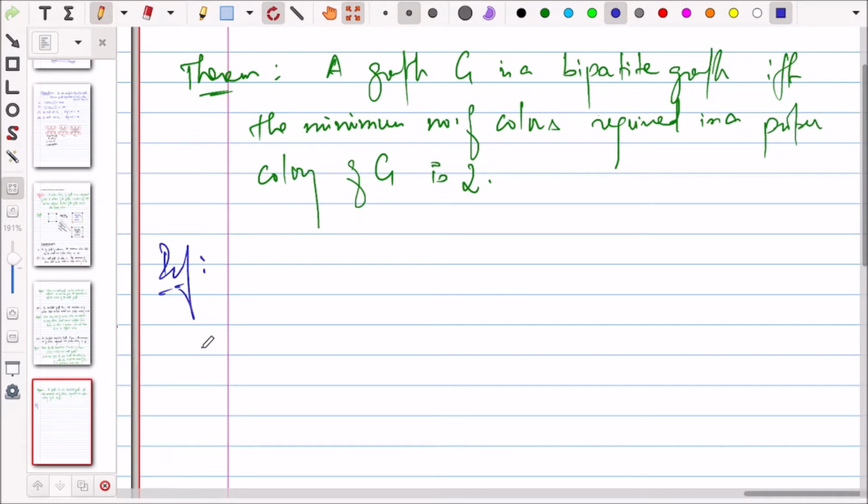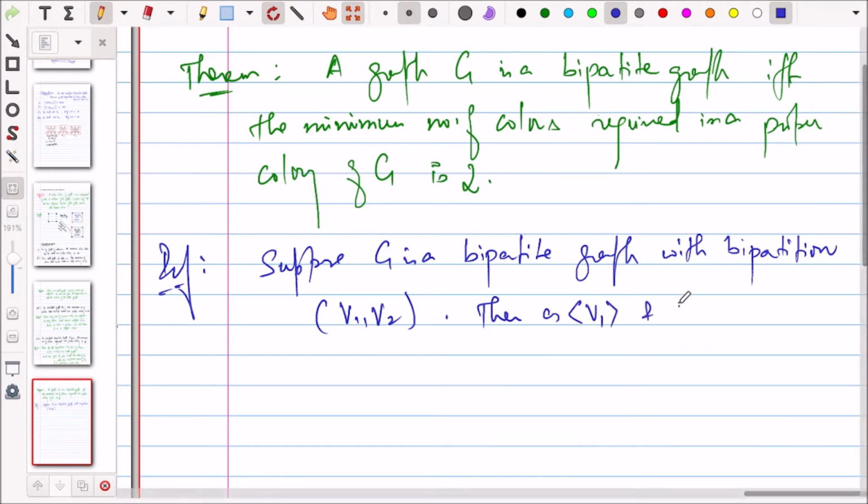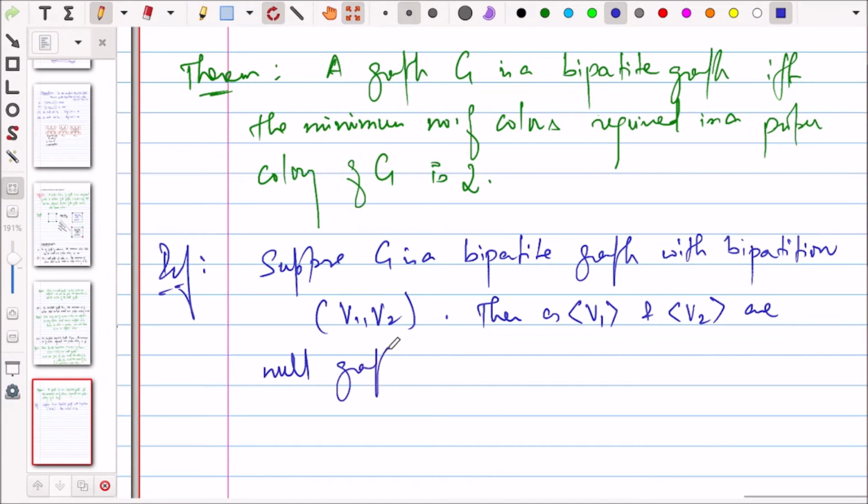Yes, बताओ what should be it? So suppose G is a bipartite graph. Suppose G is a bipartite graph with bipartition V1 and V2. Then as V1 and V2 are null graphs, right?